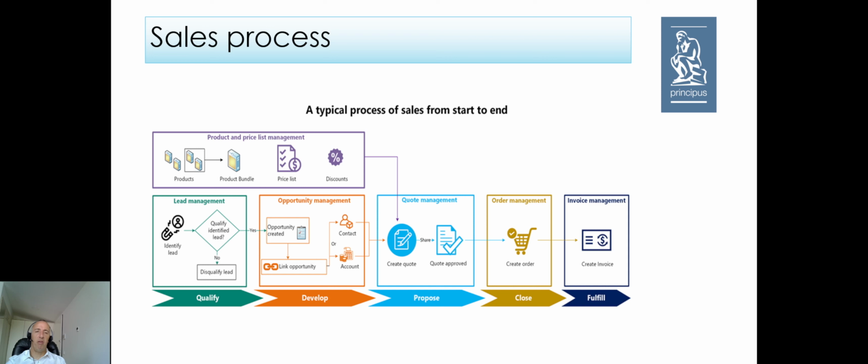Every sales process is defined by industry where it happens and company that is running it. But in general, we can talk about phases like qualify, develop, propose, close, and fulfill. Regarding activities, we can talk about handling a lead, an opportunity, a quote or an offer, and hopefully an order.